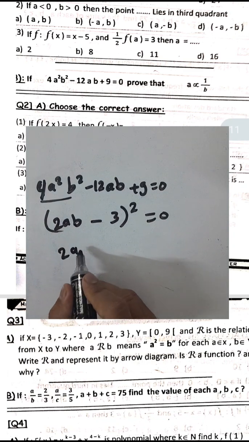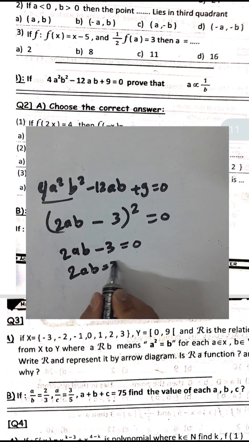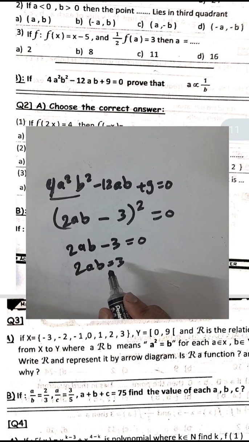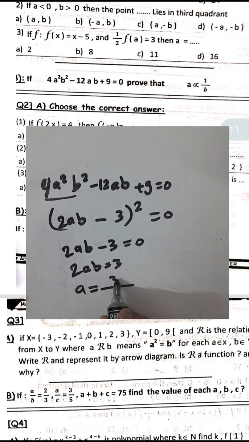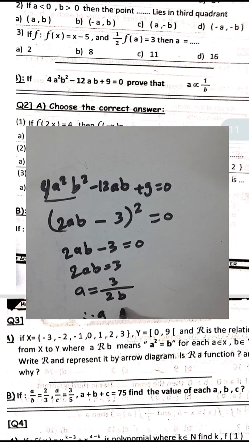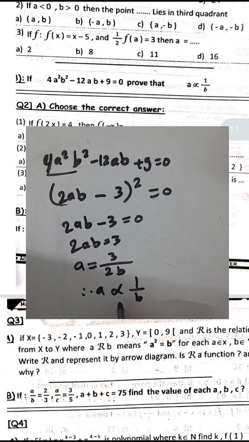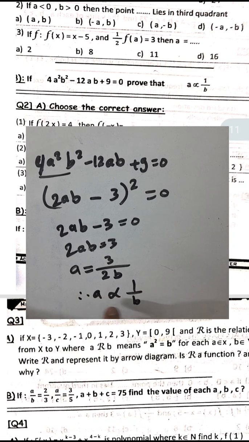Then we will have 2ab subtract 3 equals 0, then 2ab equals 3. In this example we can prove that a is inversely related to b. Then we can write a equals 3 over 2b. We call the relation between a and b inverse. A inverse with b, the relation between them is inverse.